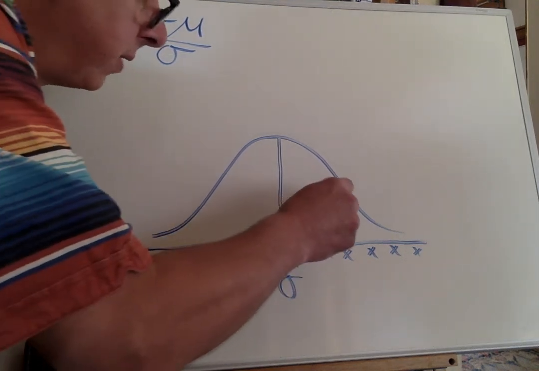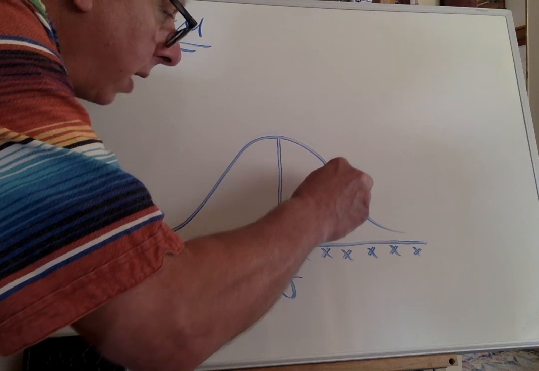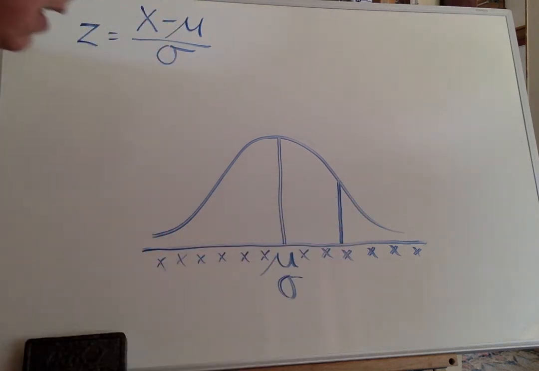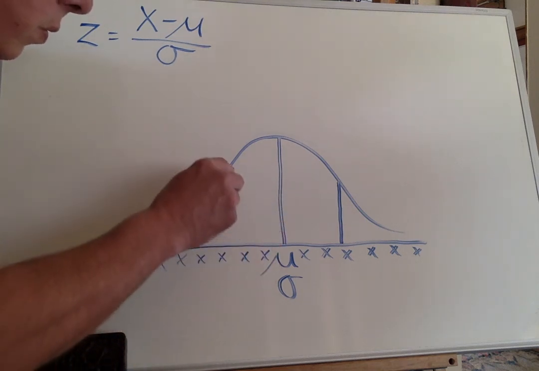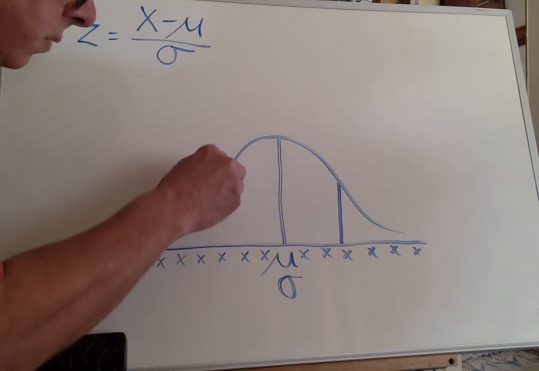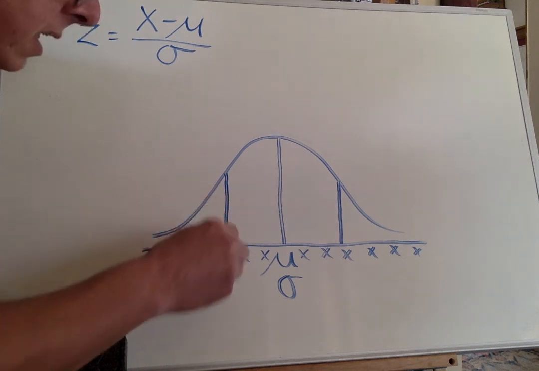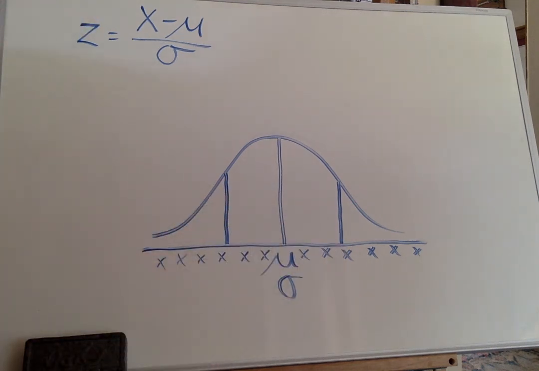So maybe about here is one standard deviation away from the mean. And of course, if this is symmetrical, then this would be one standard deviation below the mean. It would be an equal distance away from the mean.